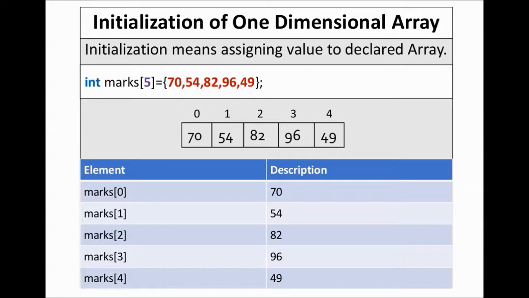So we already see that at the index values 0, 1, 2, 3, 4, we store values 70, 54, 82, 96, 49, and if we want to get these values back, we write marks[0], and it gives us the value 70, and if we use marks[1], then it returns the value 54. marks[2] gives value 82, marks[3] gives value 96, and marks[4] gives value 49.